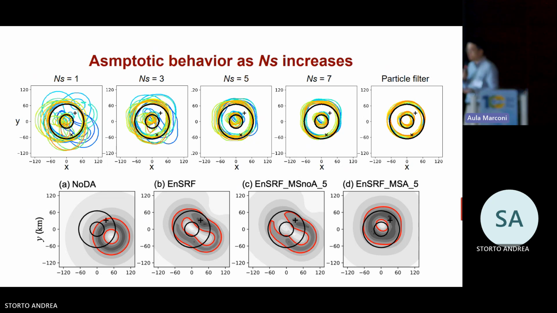So the particle filter is supposed to be a very good nonlinear solution here, and you see that from the prior to the particle filter, it's a very big difference. But if I increase the number of scales in my multi-scale alignment technique, I also approach that behavior.